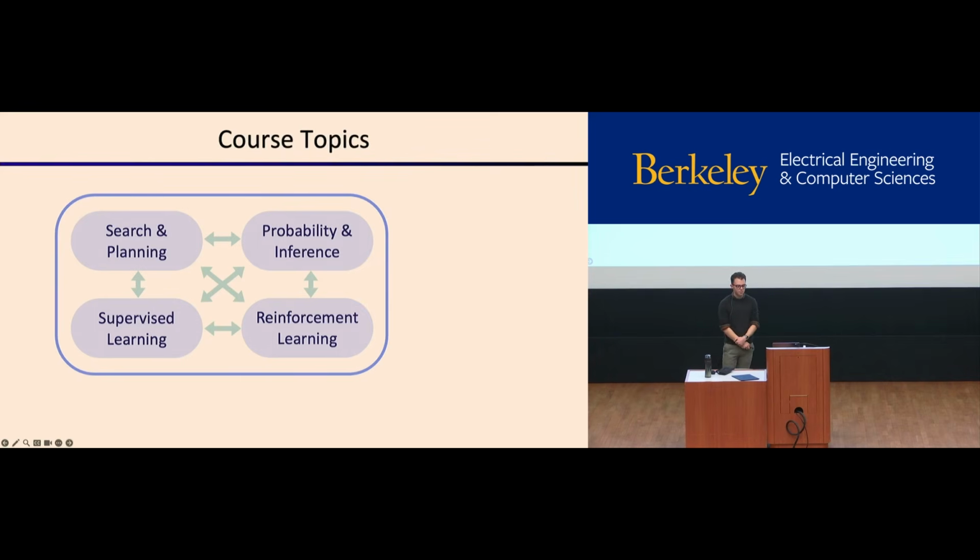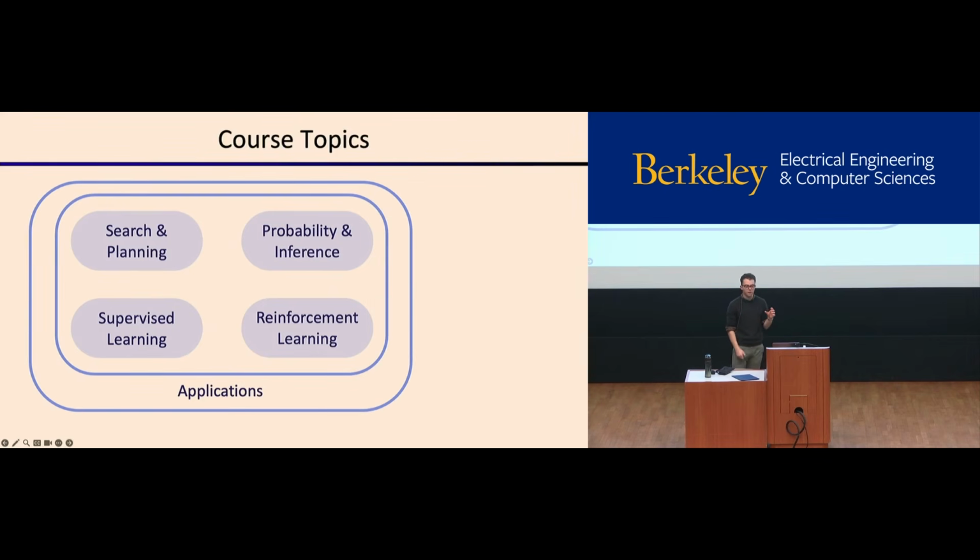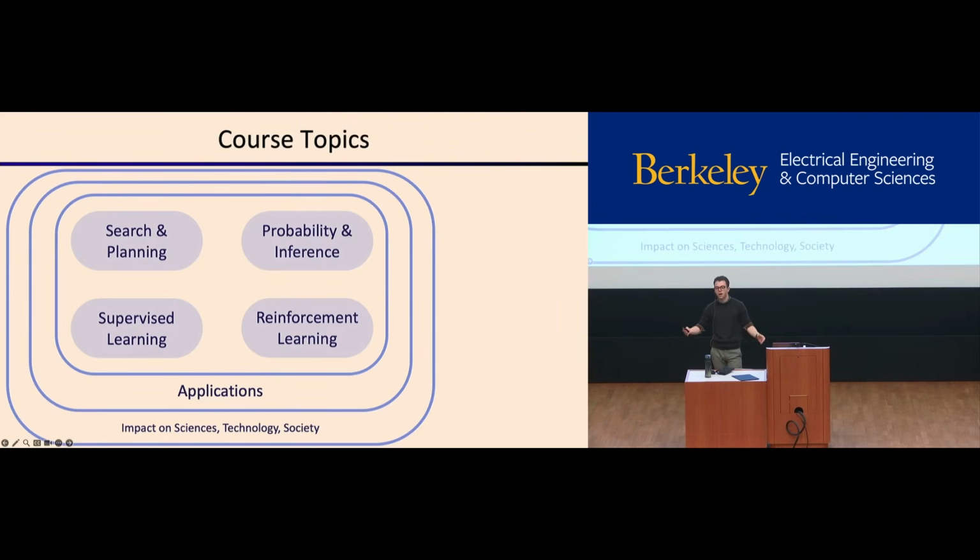Another thing that's important and we'll be covering is that on top of all these core components, there will be the obvious applications, and then beyond those applications, there will be the impact on sciences and technology and society that we talked about today. So applications like natural language, vision, robotics, et cetera, games, and then impacts on society that we discussed at length.